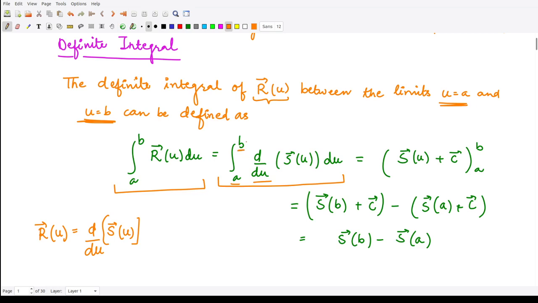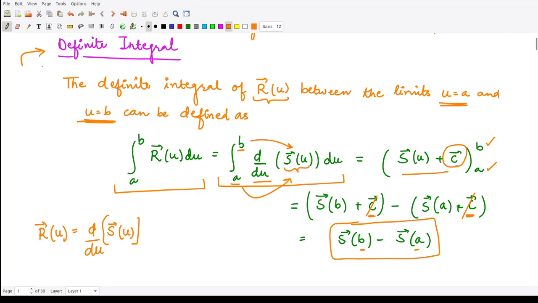So we calculate the value of the vector s at the point b minus the value of the vector s at the point a. The constant vector c will remain as such because the limits won't affect it, since it is constant in nature. So this vector and this vector cancel out each other. Finally we have the vector s calculated at the point b minus the vector s calculated at the point a as the definite integral of the given function r of u.